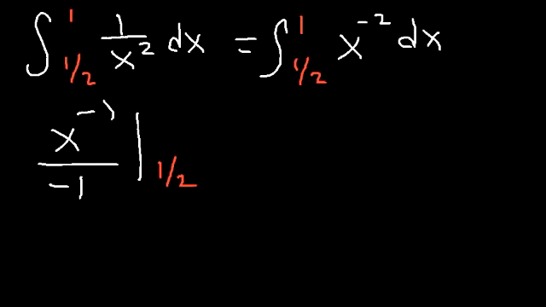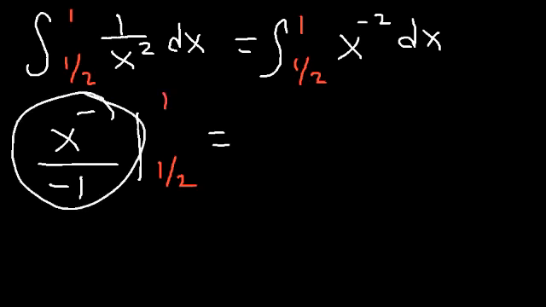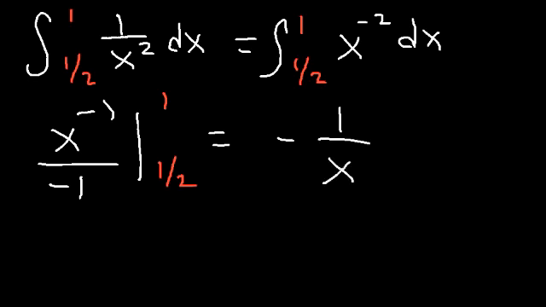So now let's rewrite it. If we bring the x variable back to the bottom, the negative exponent will become a positive exponent. So this is negative 1 over x to the positive 1, or simply x, evaluated from 1/2 to 1. So let's plug in the top number 1.